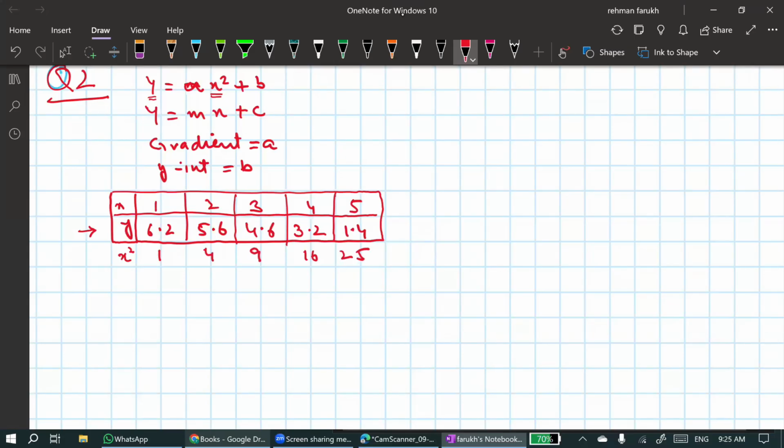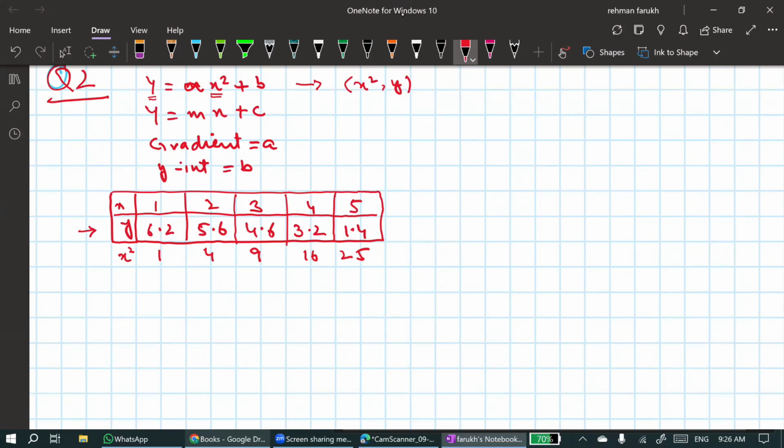Now, the ordered pair for this graph to be a straight line is x square comma y. Is there any confusion? Umar? No, sir. Okay.